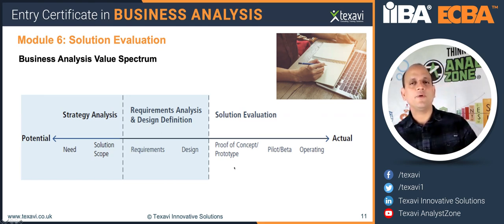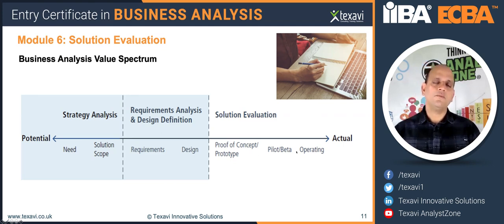You create your proof of concept or prototype based on that design option, pilot it, release it as a beta, and then it goes into the operating mode, the production or live environment, and that's the actual.